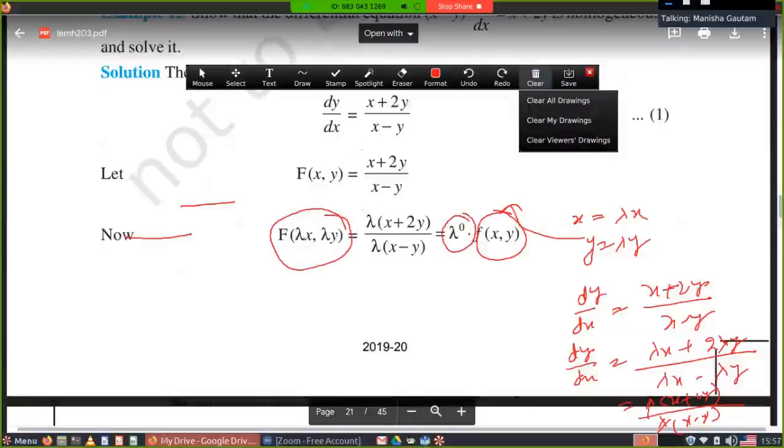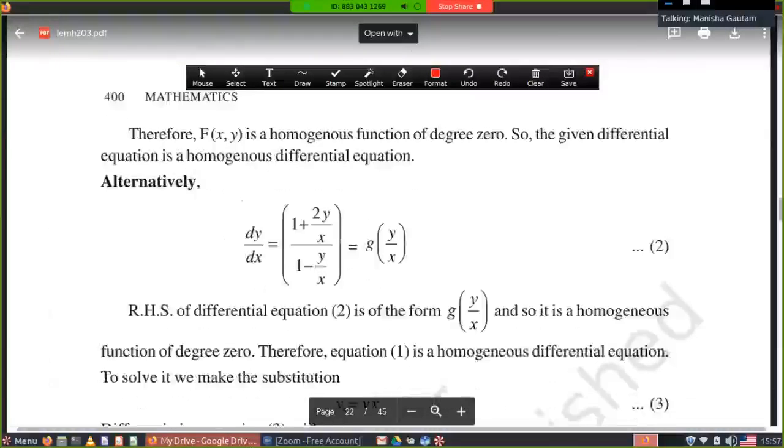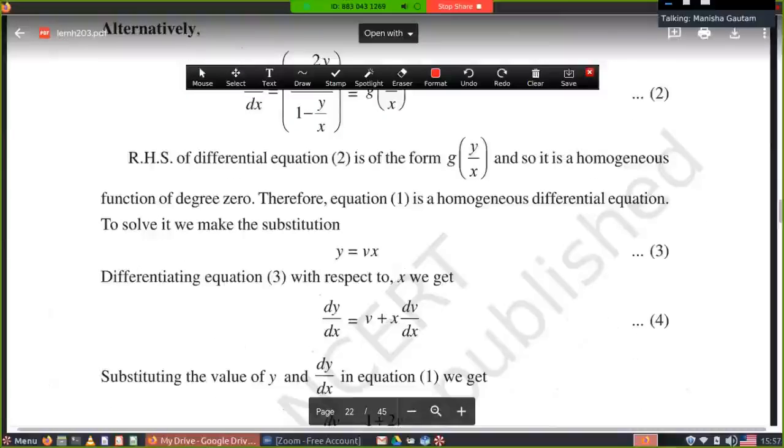Now how to solve such type of equations? In such equations, you first have to check whether the statement is in the form of dy upon dx or in the form of dx upon dy. Two types of cases will always be there.